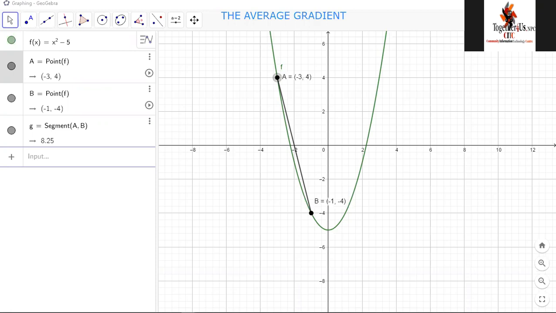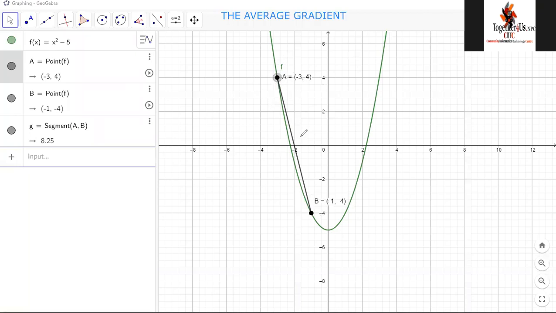When you think of the average gradient, you can think of it as the average rate of change. So if they say find the average gradient of a function, they're actually saying find the average rate of change. But this has to be defined in a specific interval. You've got to be given an interval in which you can work.